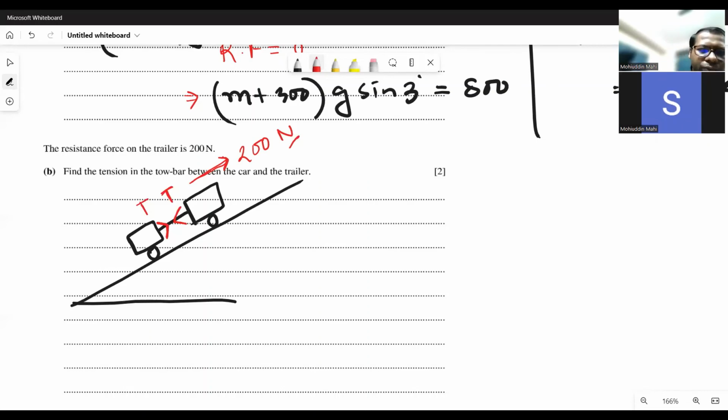Also in the downward direction, the mass of the trailer is 300, so 300 g sine 3 degree is also acting in the downward direction. So the equation will be T plus 300 g sine 3 degree equals 200 Newton.